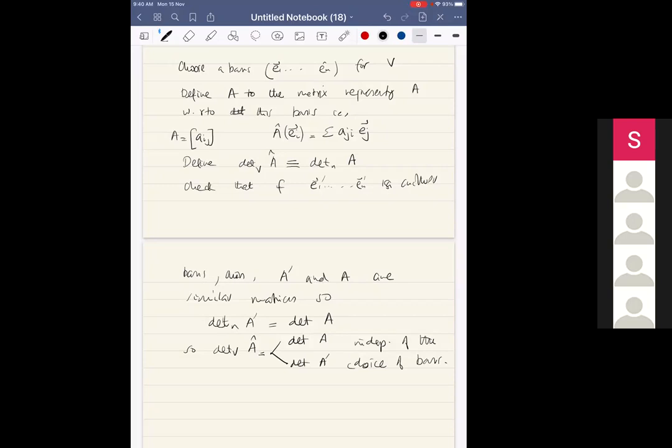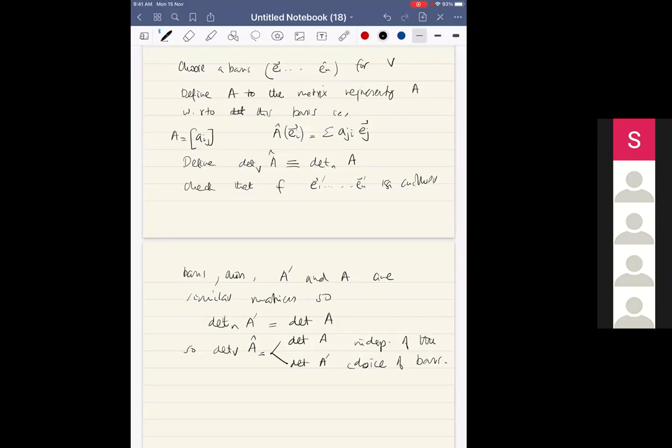But you can check that the two matrices that I get for two different choices of bases are actually similar n by n matrices. That means there is an invertible T that takes one to the other under conjugation. Therefore, determinant of A is equal to determinant of A prime. So I can just define determinant of A hat to be determinant of A for any choice of basis. And once you do that, everything else follows.